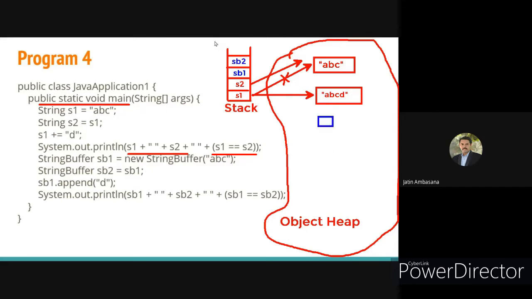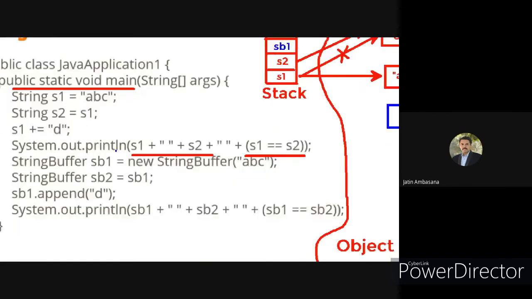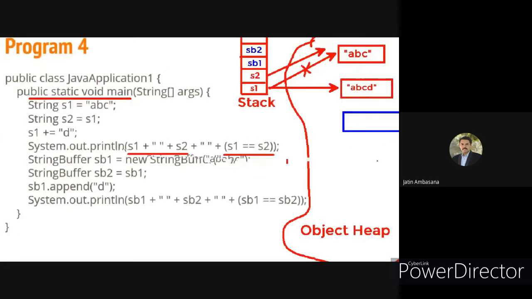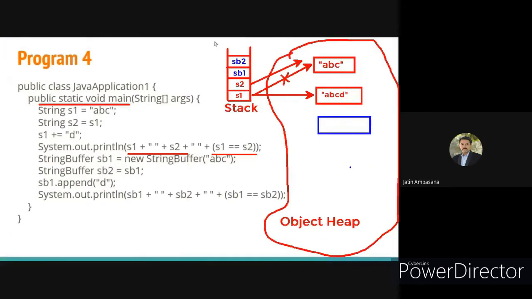Now there will be an object which will have the value ABC and will be pointed to by SB1. And when you say SB2 is equal to SB1, obviously SB2 also points to the same object.